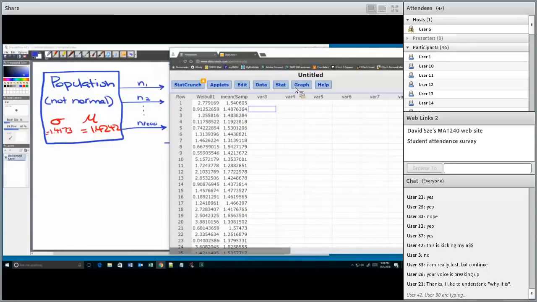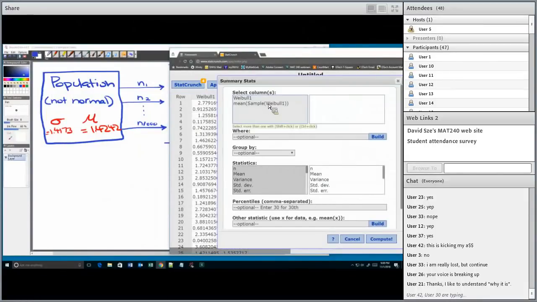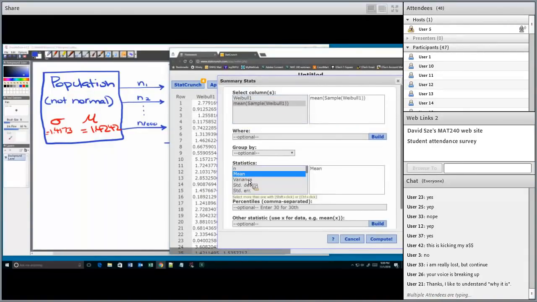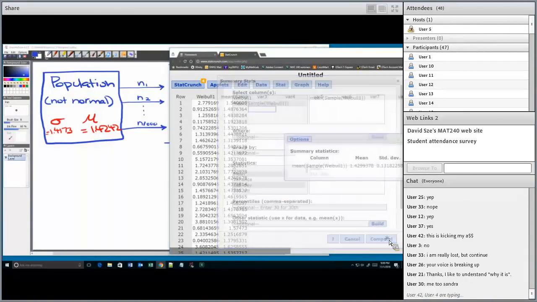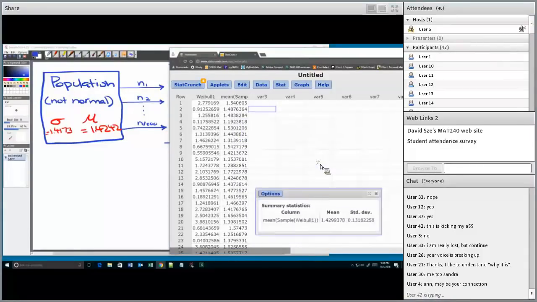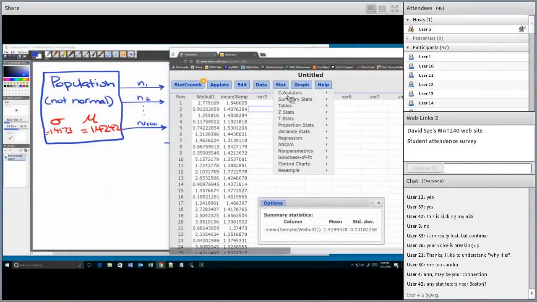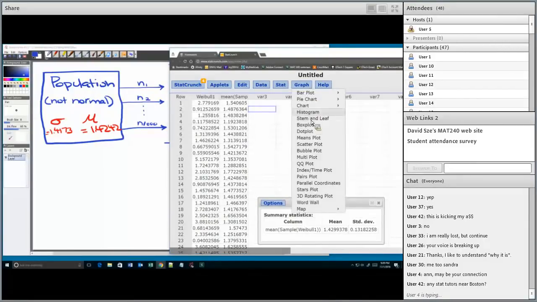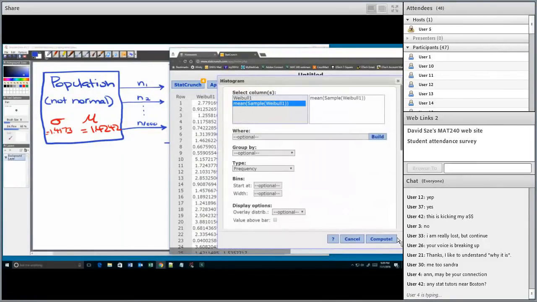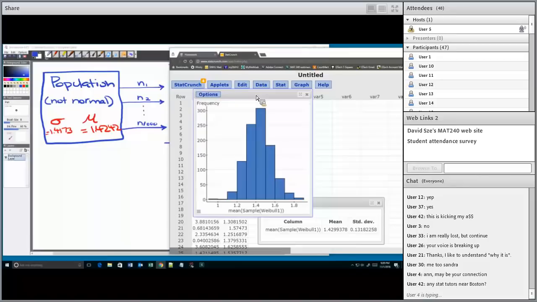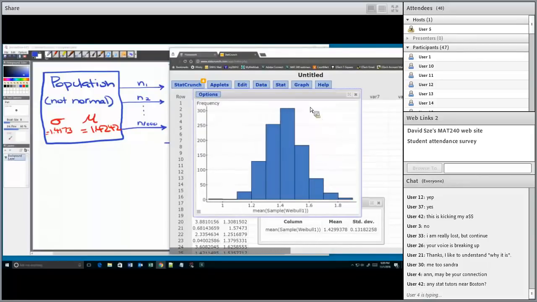I'm going to go to stat, summary stat, column, and calculate its mean and standard deviation. Let me save it. But before I do that, let me show you what this distribution looks like. Did you see this? Isn't this remarkable?